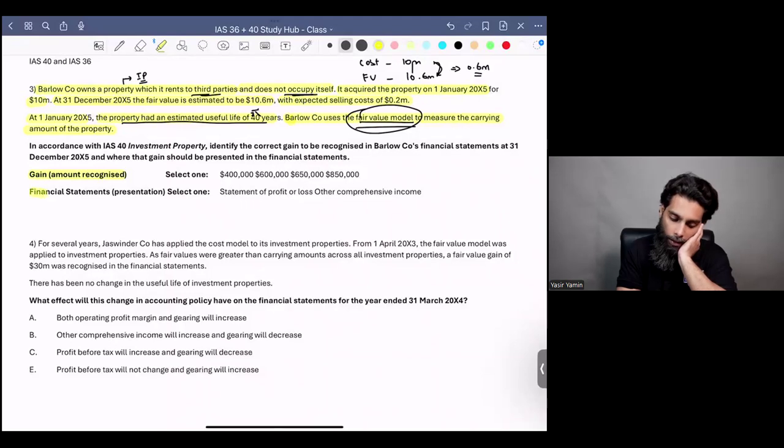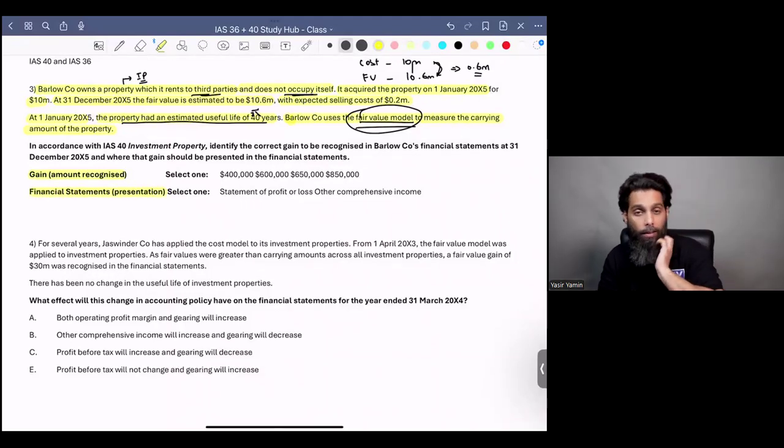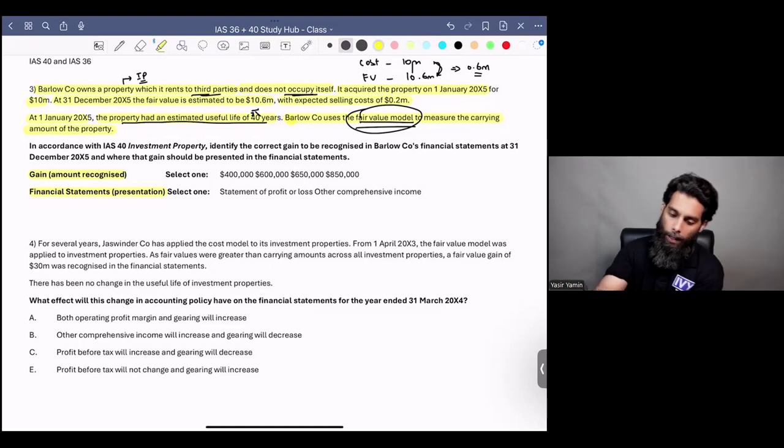Examiner asks what will be recognized as far as financial statements are concerned. So what amount in what statement? I guess it's pretty clear that you had an investment property of $10 million. The fair value was $10.6 million.